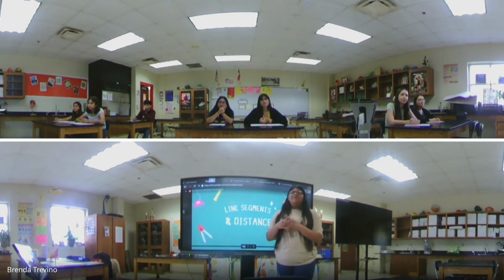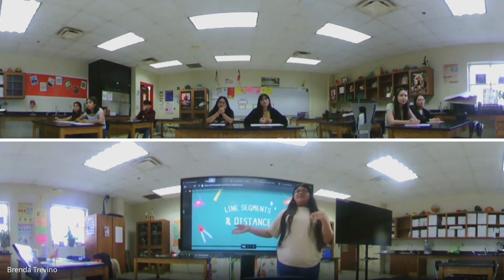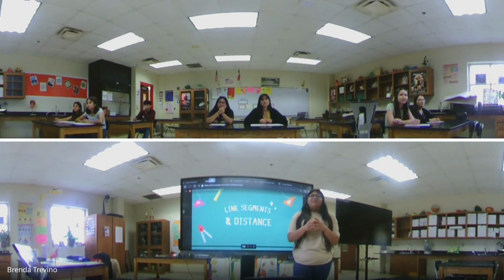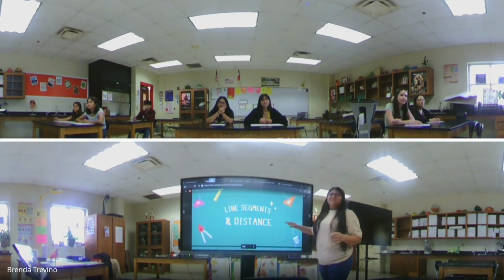For example, if my house is 3 minutes away from Juarez, and Juarez is 30 minutes away from Jimmy Carter, then my house would be 33 minutes away from Jimmy Carter. Okay, perfect. So here we can put that to the test.